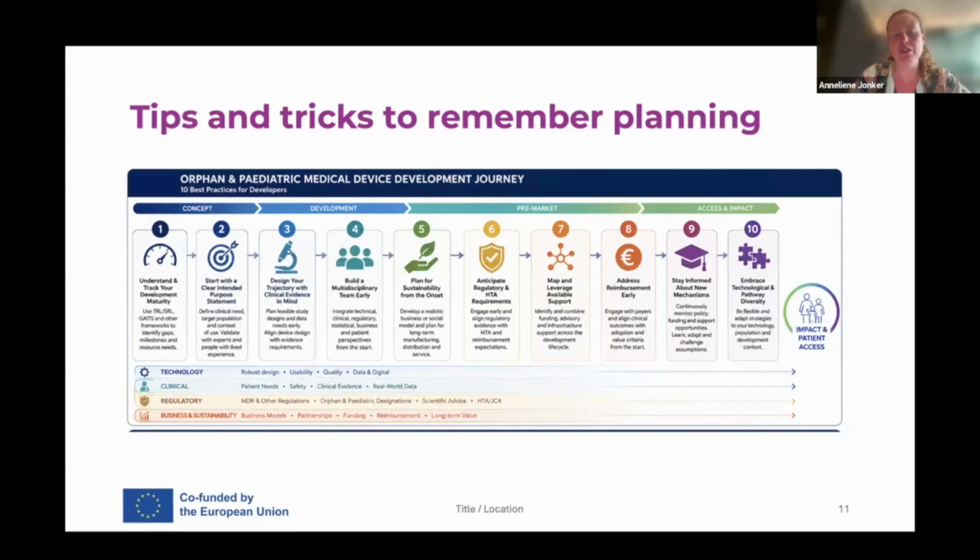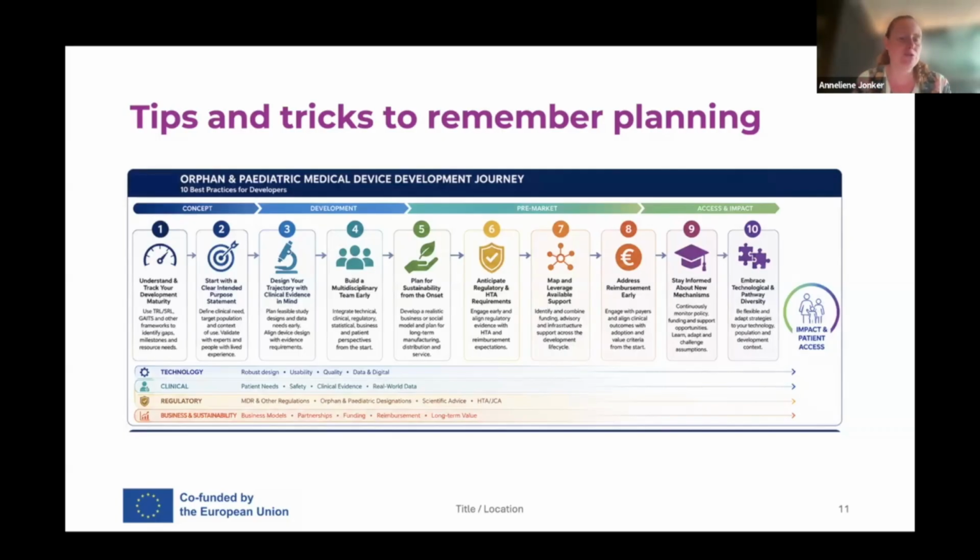And I think the first one has truly been using the framework and the different incentives that are out there to understand and track your development maturity. Using the GAITS framework, but also initiatives like the TRL framework, the question is, do we know the current status of the product development? And aren't we over- or underestimating certain aspects? So regularly test that and make sure that they're aligned and that the four domains actually come together.